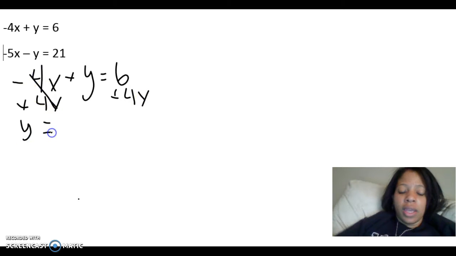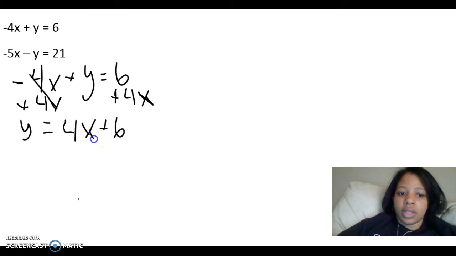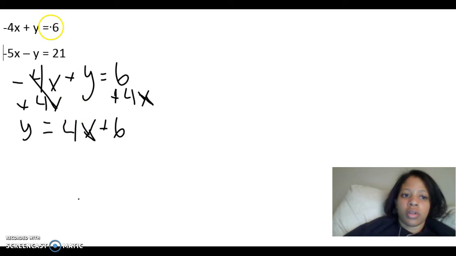So all you have left is y equals, be careful, you can't combine these two because they're not like terms. This one has an x and the 6 doesn't. Okay? So you need to just write them side by side. So write 4x plus 6, or you could write 6 plus 4x, the order doesn't matter. Okay? And now you have your variable solved for y.